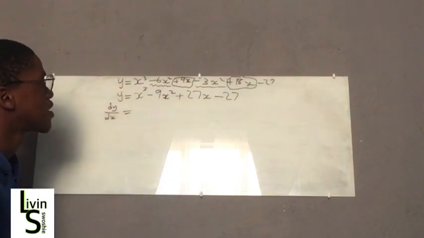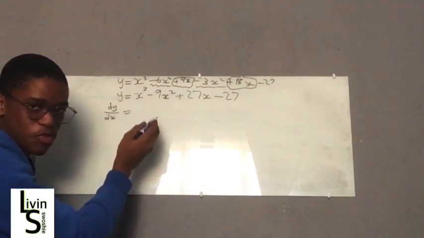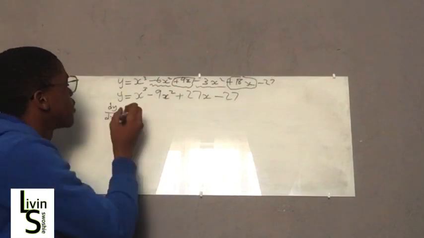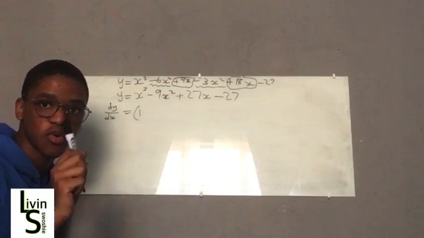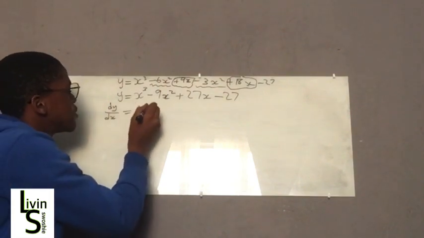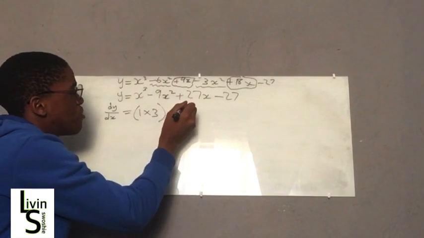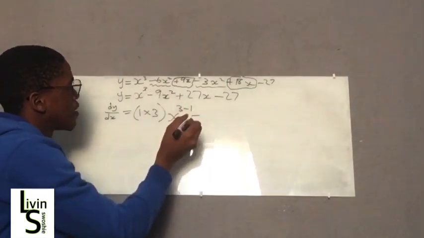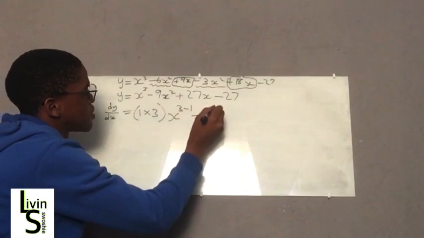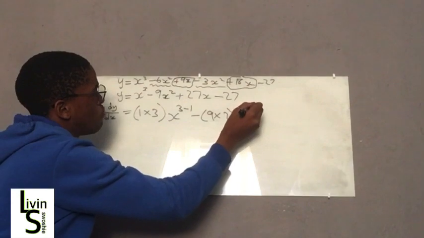Okay, in the first place we said it is base times exponent, minus 1. So it's going to be base times exponent, x, and then the exponent is 3 minus 1, minus base here is 9 times 2, x, 2 minus 1.